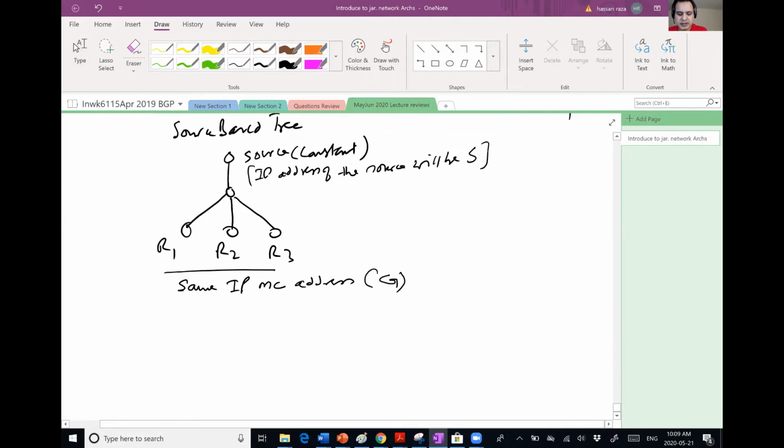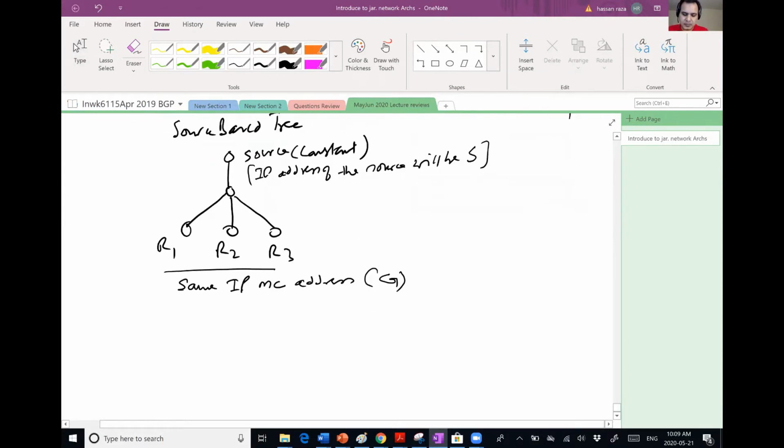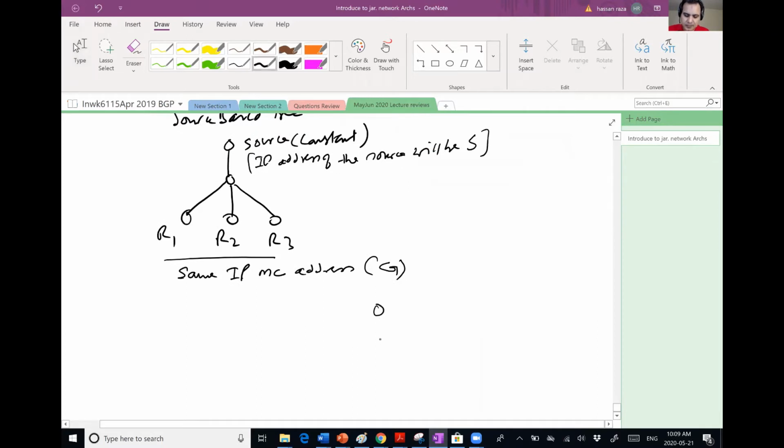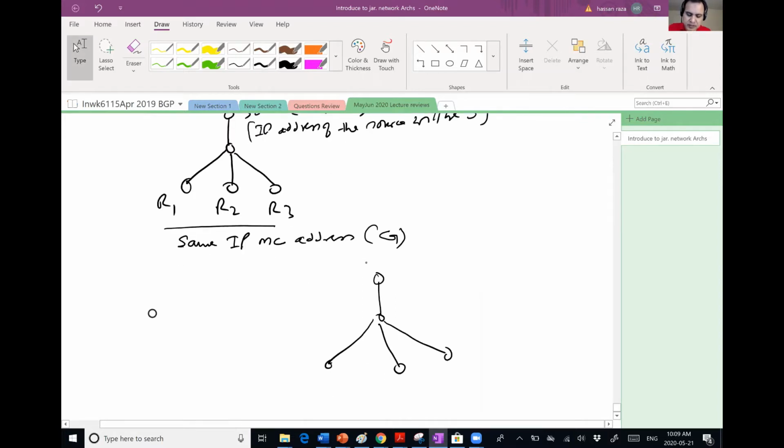As compared to that, I redraw the same tree. Now, these are 4 group members, let's say node 1, node 2, node 3, node 4.